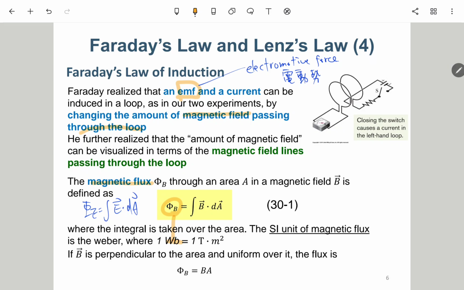So this is why I emphasize that the B field is not the magnetic field. The B field is the magnetic flux density. From this formula you can get the idea: if you integrate the B field over the area, it becomes the magnetic flux. So B should be magnetic flux density rather than magnetic field.